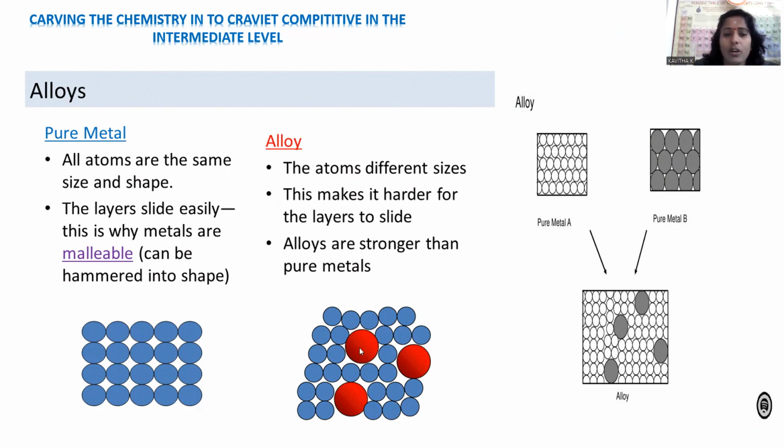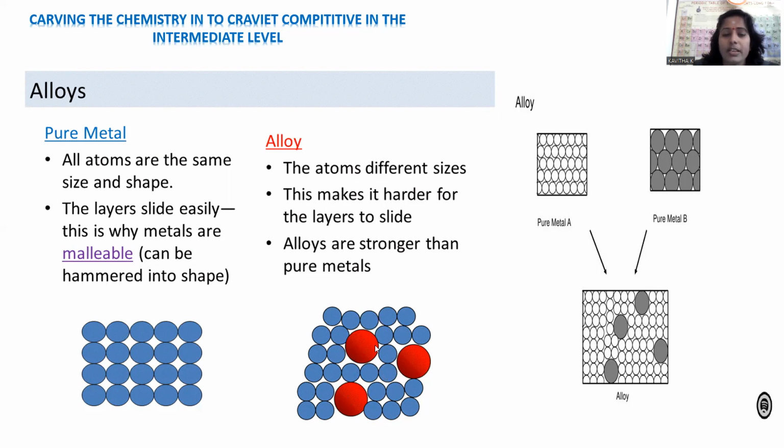If you take an alloy, it means different atoms of different sizes combined. If you see this, one kind of atom is indicated with blue lobes, and another kind with red lobes. So a mixture of atoms is there, and the size is not the same for all kinds of atoms present.